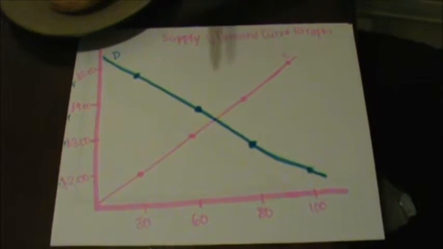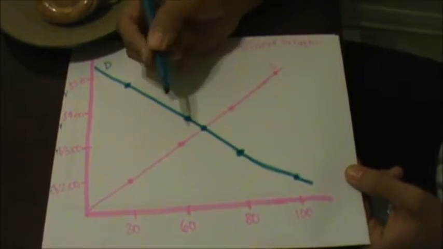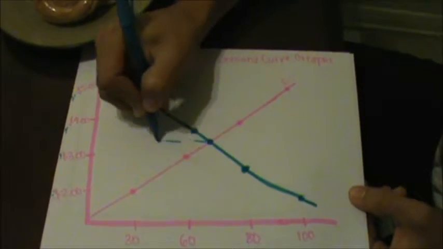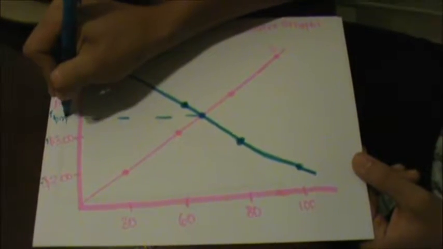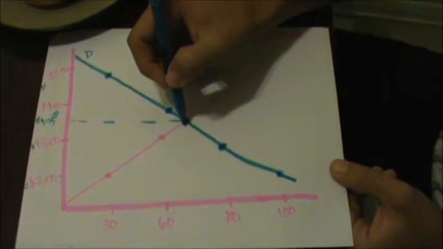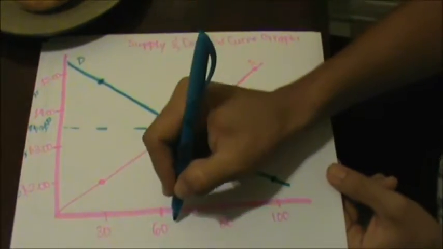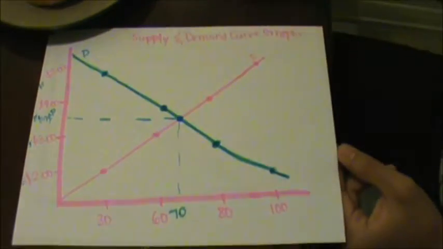Our equilibrium price, as we can see, is in the center, and that's going to be $3.50, and the quantity is going to be 70.